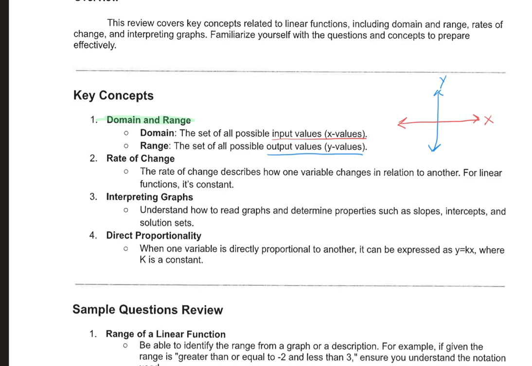Also, a way I can go ahead and write this is I'm going to write domain. And then I'm going to put range vertically. That just kind of helps me remember my domain is the X and my range is the Y. Make sure you pay attention to exactly what they're asking, because sometimes they will ask for the range and then the domain.